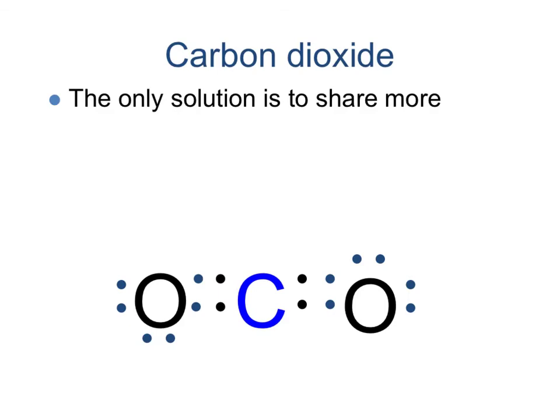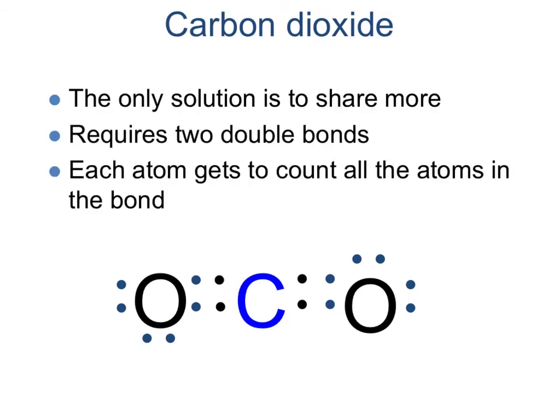In order for this to happen, we've had to make double bonds. And we've actually had to make 2 double bonds. Remember, each atom gets to count all of the electrons in the bond. Sorry, this should say electrons, not atoms. So if we count around oxygen, we got 1, 2, 3, 4, 5, 6, 7, 8.